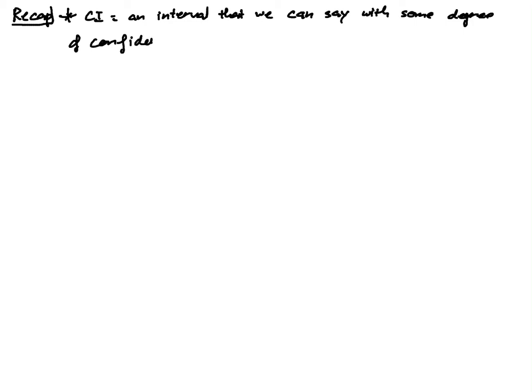A confidence interval is an interval that we can say with some degree of confidence contains the population parameter of interest.